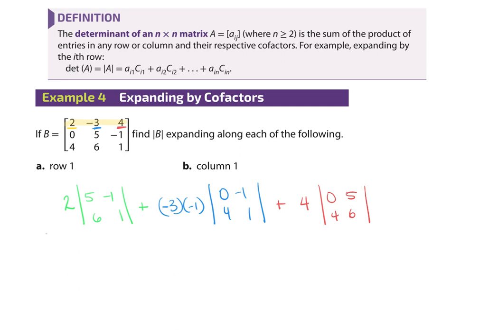So it's not hard. We're just going to say, well, this is going to give me a 2 times the 5 minus a -6, right? This is going to give me a 3 times the 0 minus a -4.